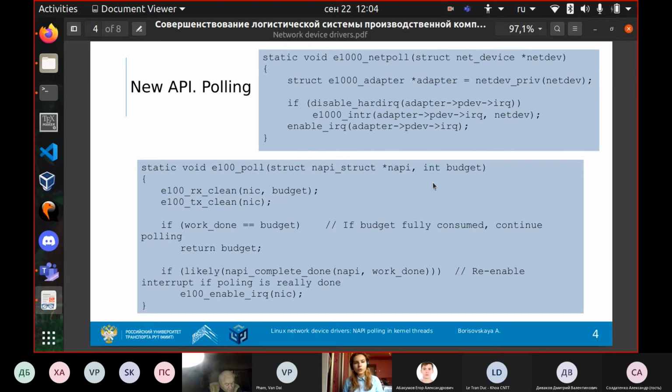The polling method also can be used for packet transmission, and now transferring a packet is implemented in the NET_TX softirq.